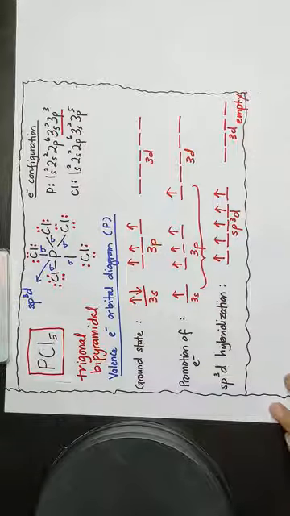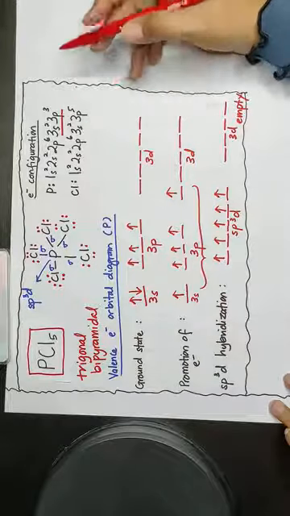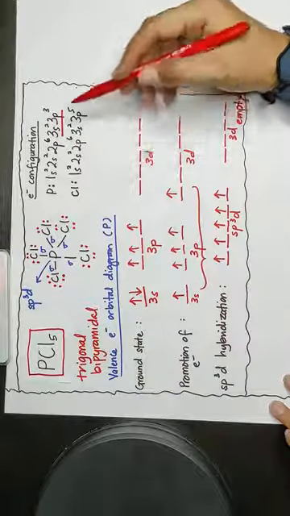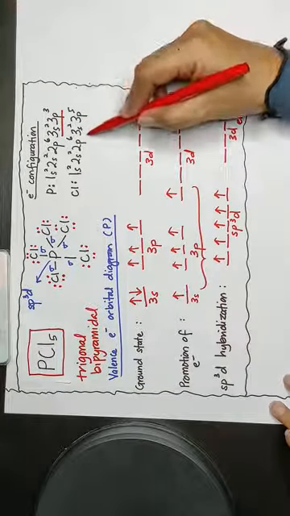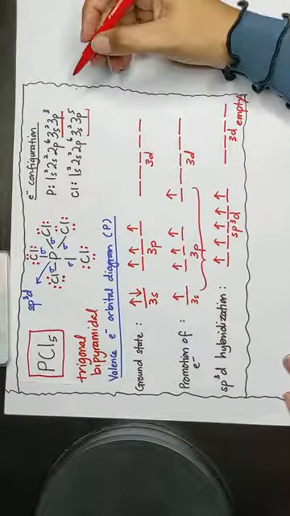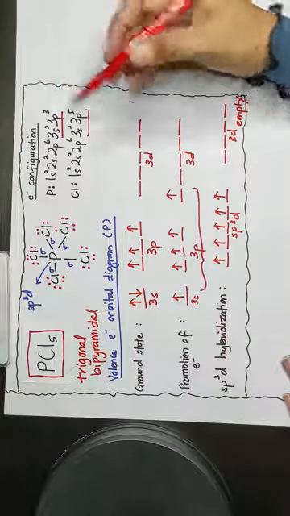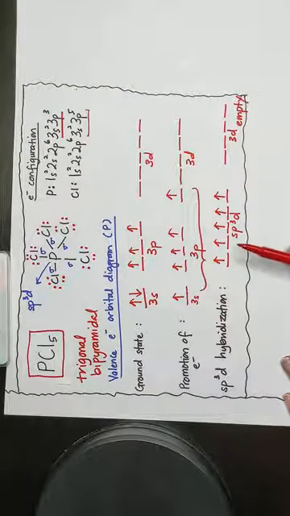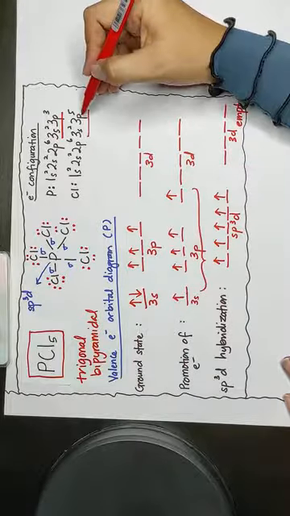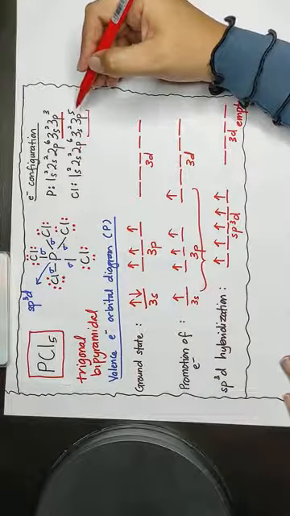Next, you are going to draw the overlapping of hybrid orbitals with the valence atomic orbital of chlorine. Before we draw the overlapping, you can see the chlorine atom has 7 valence electrons which occupy 3s and 3p. To form the sigma bond, one of the sp3d hybrid orbitals of phosphorus will overlap with one of the 3p orbitals of chlorine.